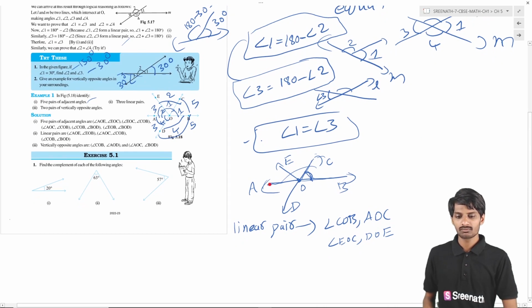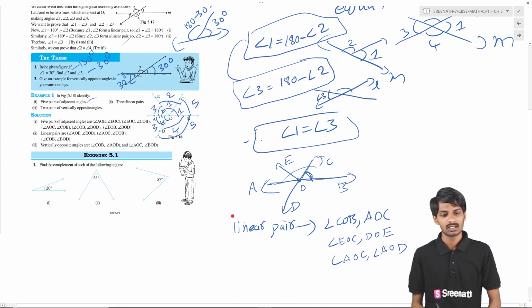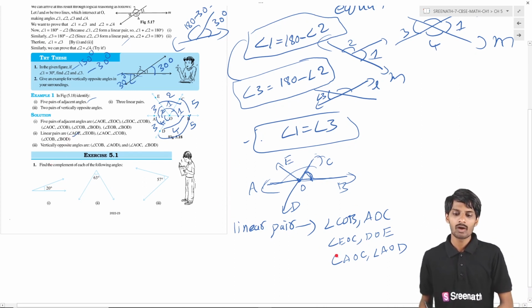And if you want, you can form another one also: angle AOC and angle AOD. So these are the 3 pairs, students. In your textbook they have given only 2 pairs, but we have found 3 pairs of linear pairs.